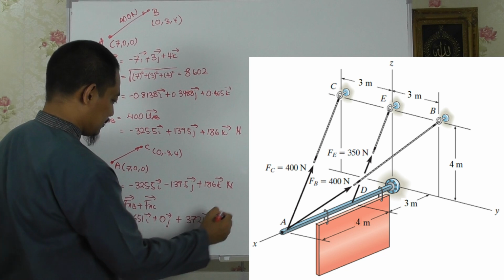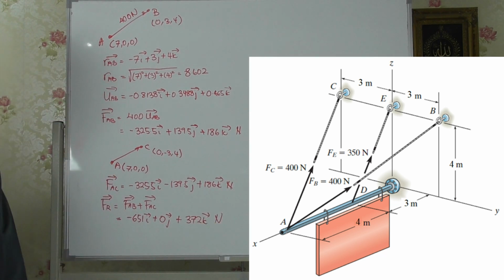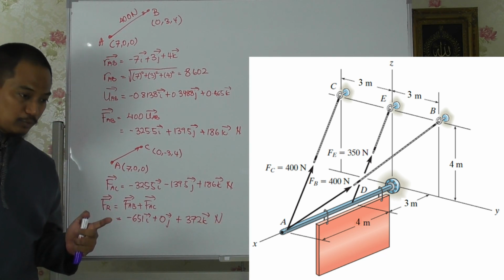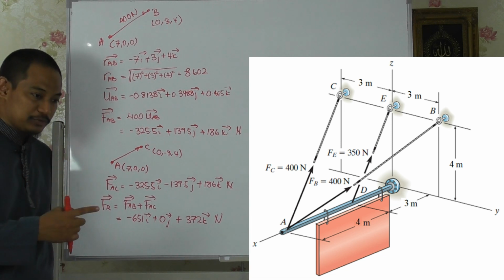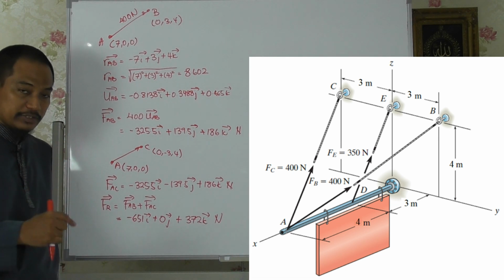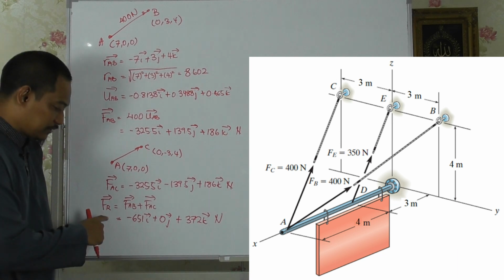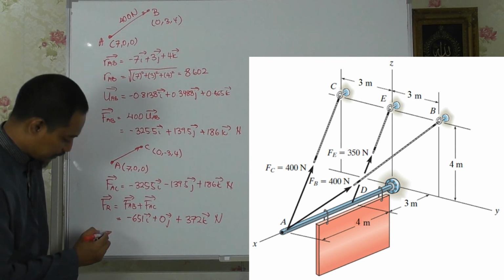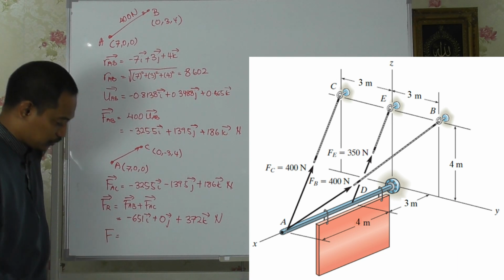But of course the question is not yet over, because the question asks for the magnitude and coordinate direction angles of the resultant. This is the resultant in Cartesian vector form, so you need to find the magnitude. How to get the magnitude?